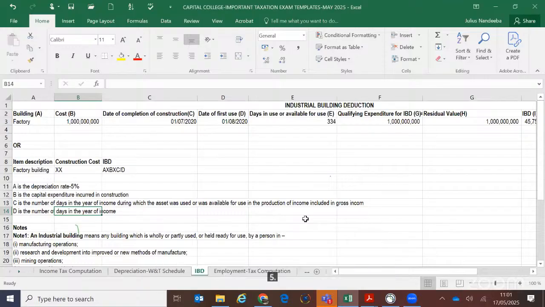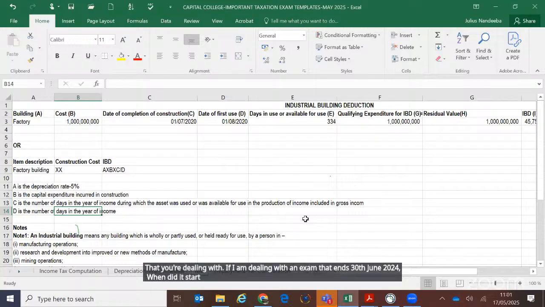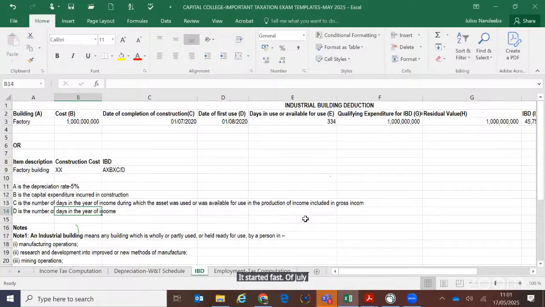It means the only asset where you're going to count the number of days is the asset that was put to use in the year that you're dealing with. If I am dealing with an exam that ends 30th June 2024, when did it start? It started 1st of July 2023.